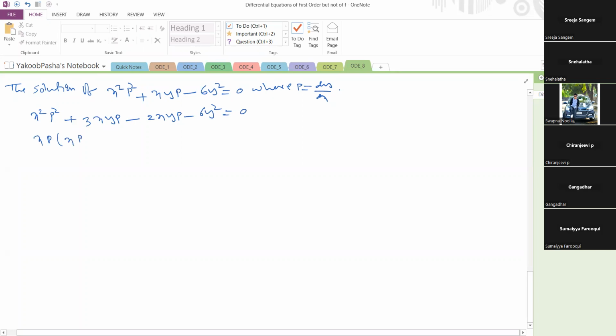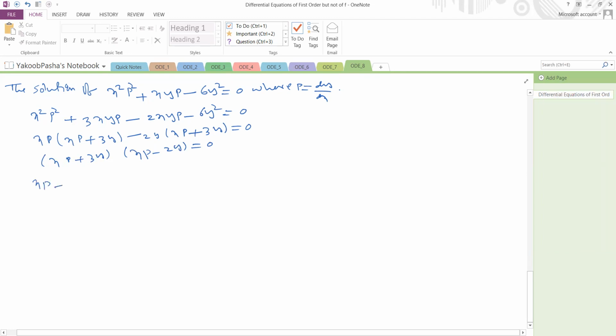Here remaining xp plus 3y, minus 2y common here, xp plus 3y is equal to 0. Here again xp plus 3y common. So xp minus 2y is equal to 0. Now we have two equations here.